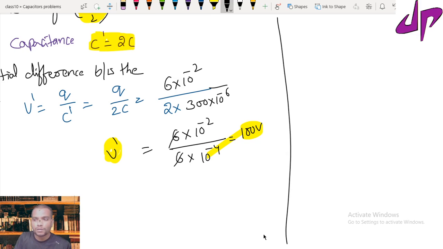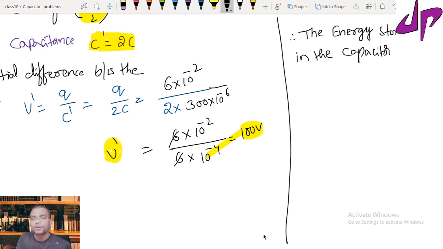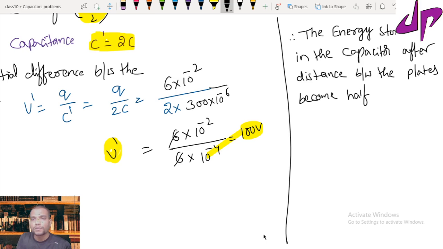Now from this, can we figure out the energy stored in the capacitor after the distance between the plates becomes half?